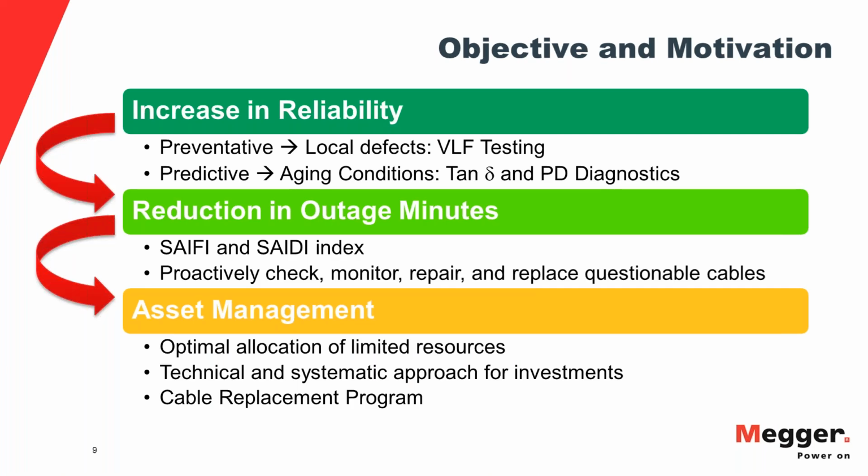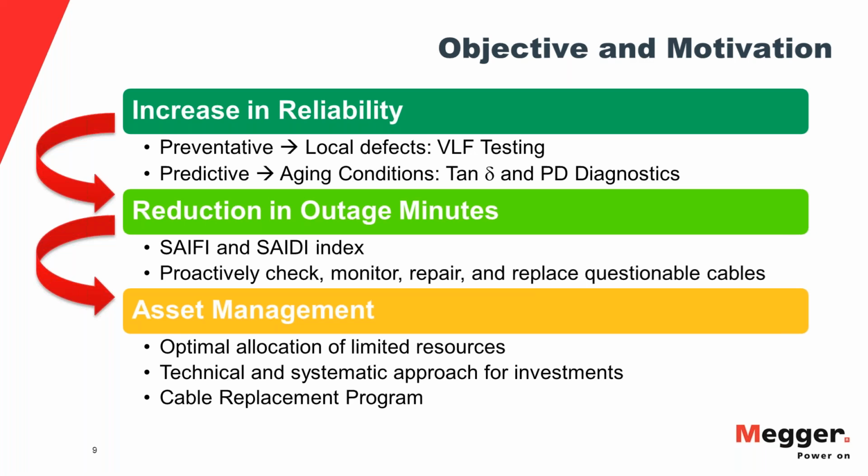Then I'll bring this back just to recap on the general objective and motivation of what we're trying to achieve. So it's all about increasing the reliability. And last time in the webinar in December, we talked about the preventive part, the VLF testing part. Now we're talking about the predictive part, or let's say one portion of it, the PD part. And increasing reliability means you want to reduce your outage minutes, which directly affects your index numbers.